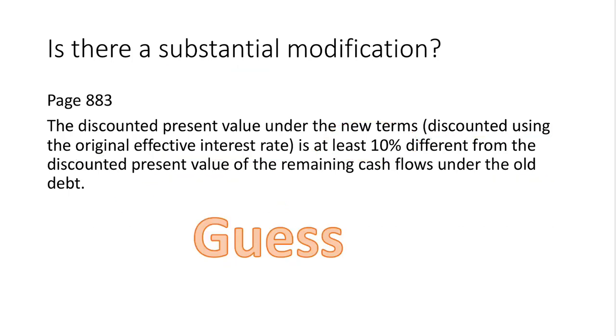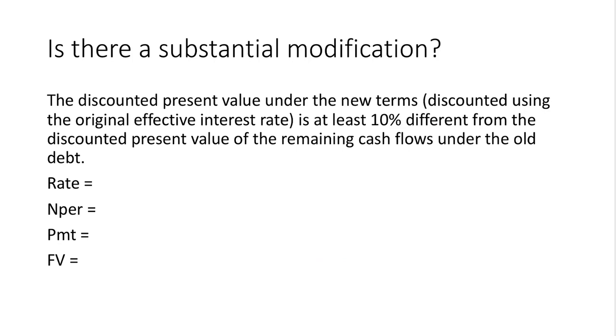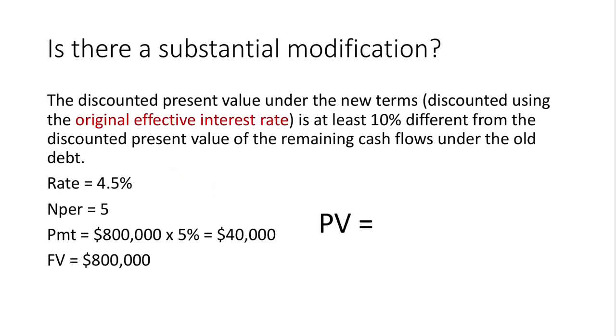So here we look at a case where we're trying to determine whether there's a 10% difference or not. It's kind of fun, but we're going to actually look at whether or not there's a substantial modification. So we use the old effective rate of interest on the new cash flows, and that's the 4.5%.